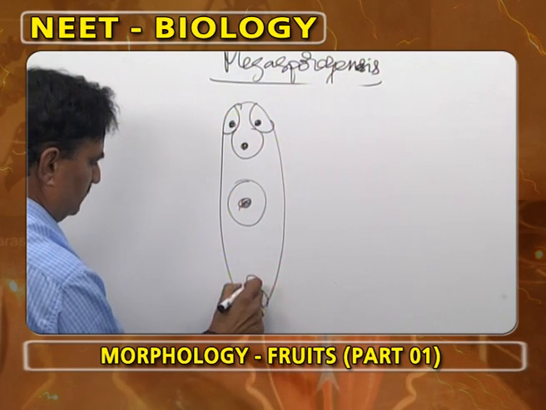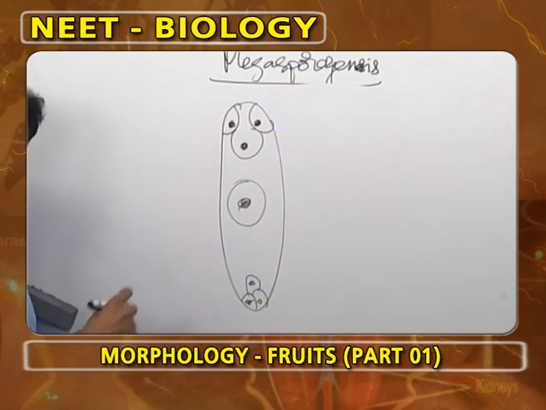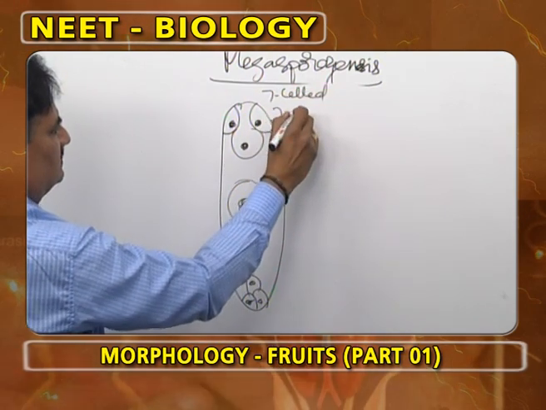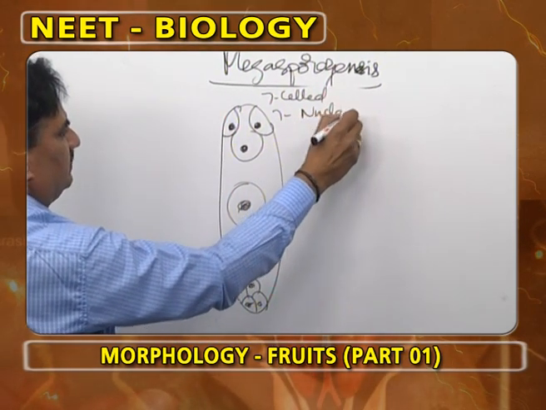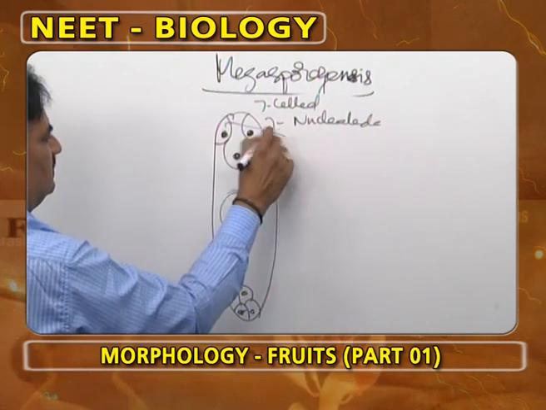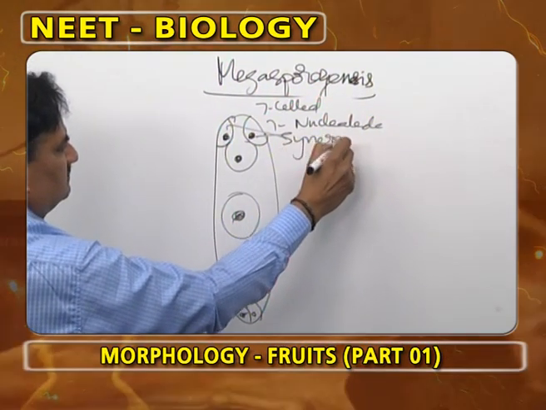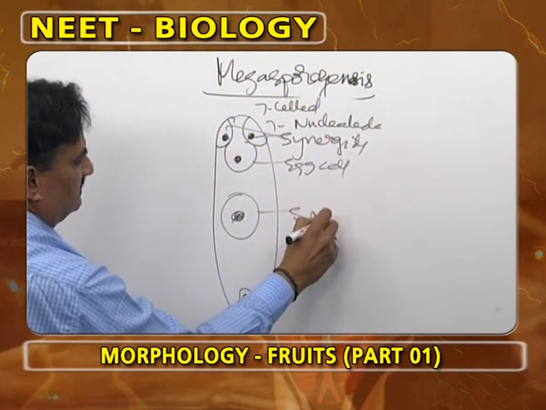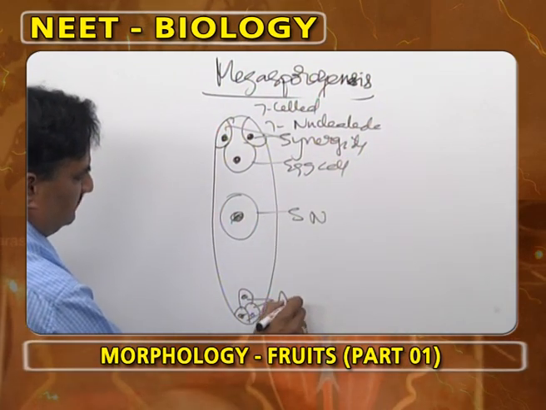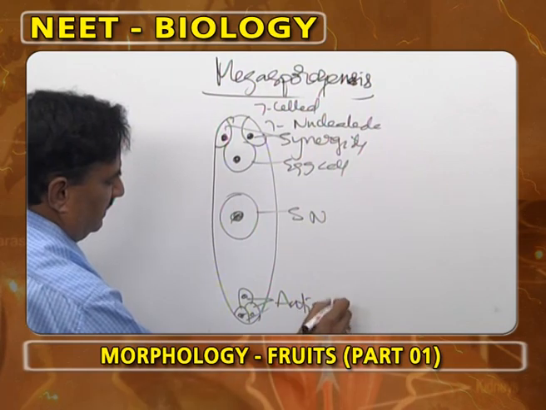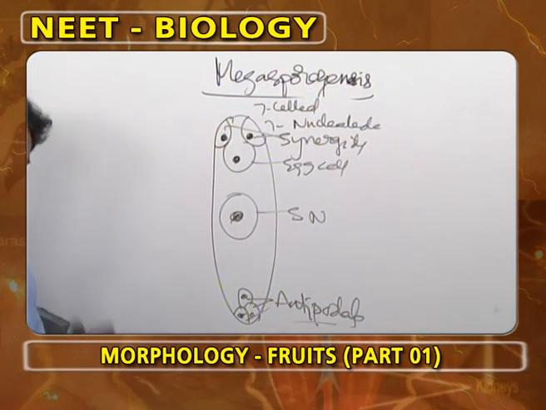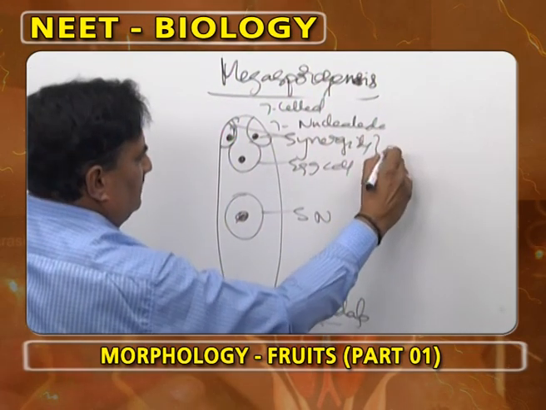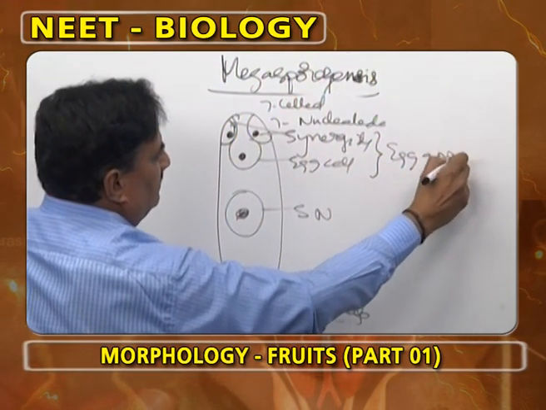Gradually, the 2 polar nuclei fuse and ultimately a structure like this, a 7-celled, 7-nucleated embryo sac, is formed. These 2 are called synergids. This is called the egg cell. This is called the secondary nucleus, formed by the fusion of polar nuclei. These are called antipodals. The synergids and egg cell combined are called the egg apparatus.